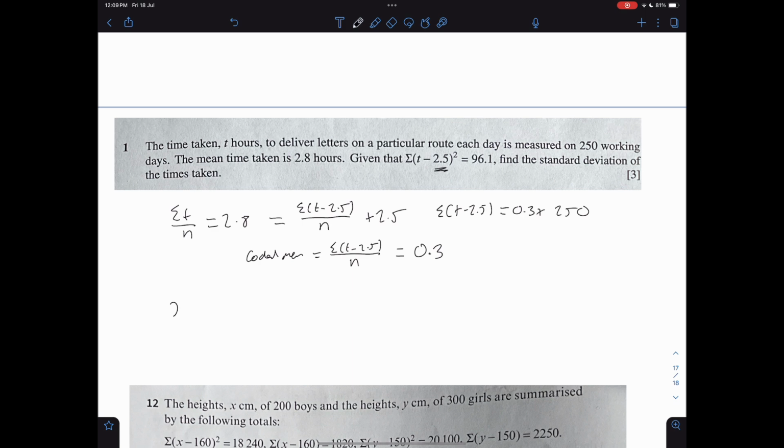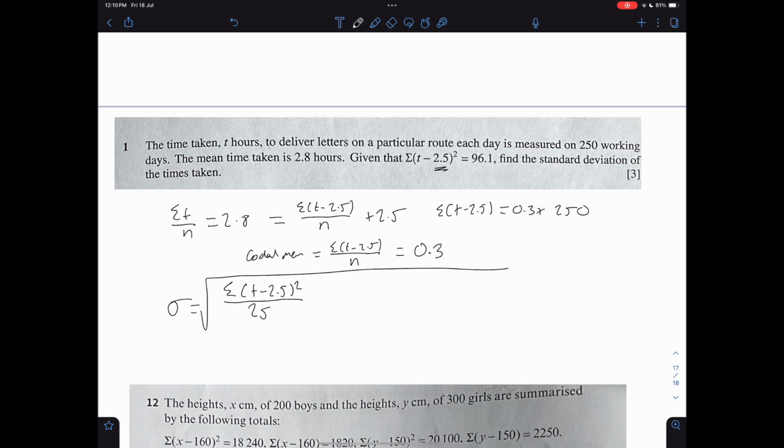And we can use the fact that it doesn't matter if you subtract a constant, the variance and standard deviation will stay the same. We should probably write a full formula first, then write our substitution.